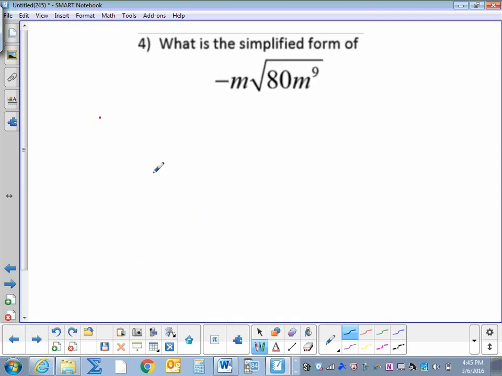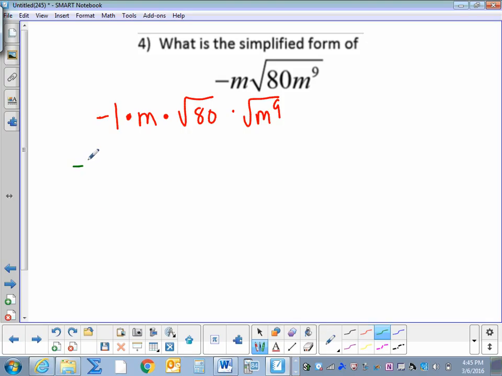Number 4. What is the simplified form of negative m times the square root of 80 m to the 9th? So on the outside, we have a negative 1 times m. And then we have the square root of 80 times the square root of m to the 9th.